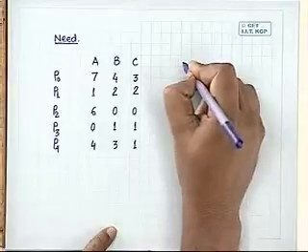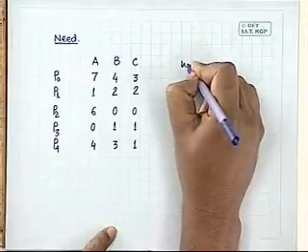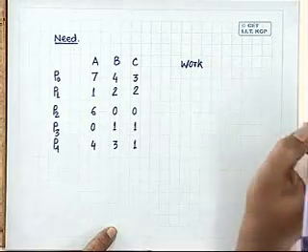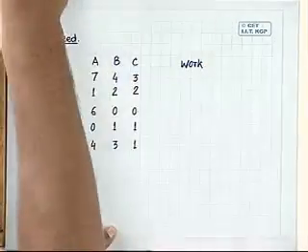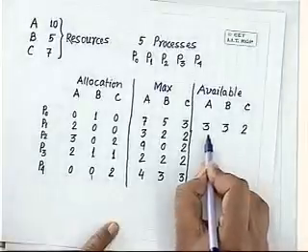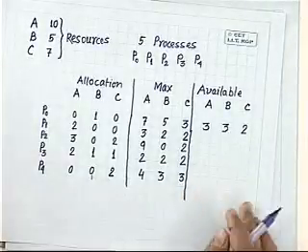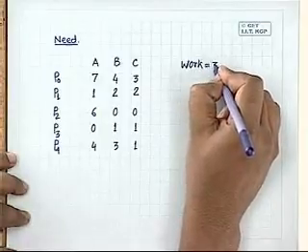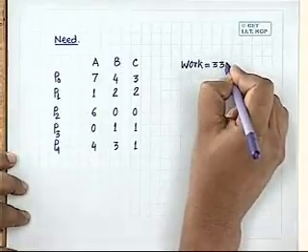In Banker's safety algorithm, we have taken a data structure, work, which is initialized to available. In this case, our available vector is 3, 3, 2. So work is initialized to 3, 3, 2.